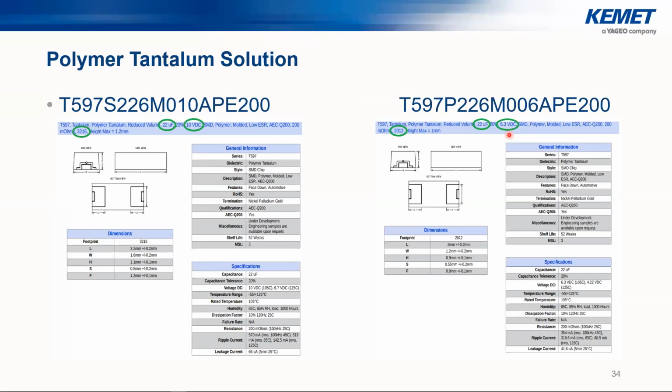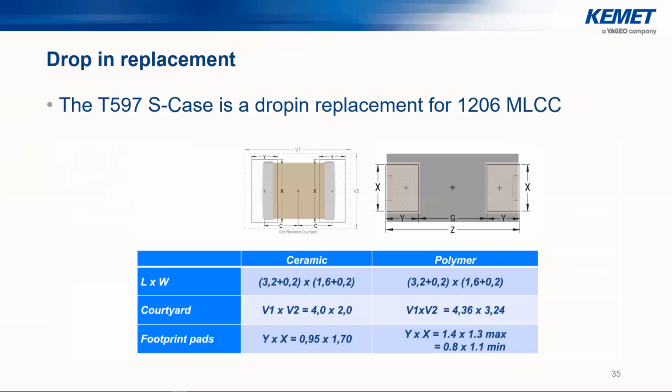And you won't get an MLCC with 22 microfarad in 0805, even at 5 volt, I guess it's not possible. So this item might be a nice drop-in replacement, especially when you do not want to have a DC bias. So the T597S case is a drop-in replacement for the 1206 MLCC, and the P case would be a replacement for the 0805.